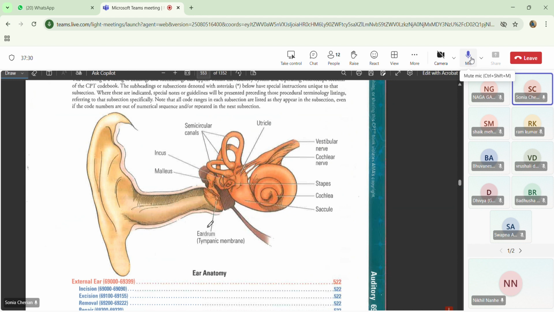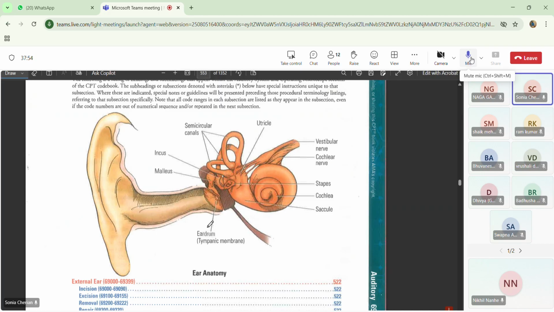So they'll ask you what are the parts of your ear. So you can say outer ear, middle ear, inner ear. The outer ear has the helix, pinna, earlobe, and the middle ear has the tympanic membrane and the ear canal. Then you can say about the inner ear, which has the smallest bones, stapes, incus, and malleus.